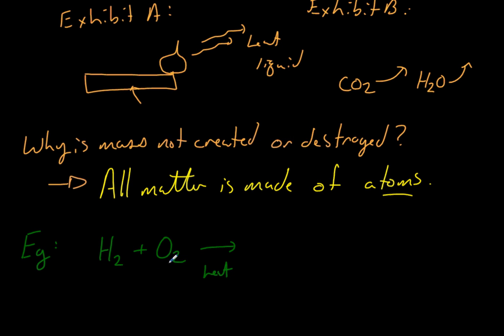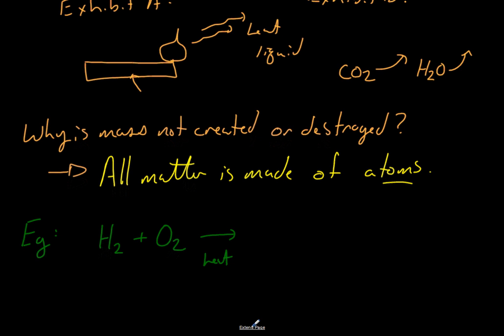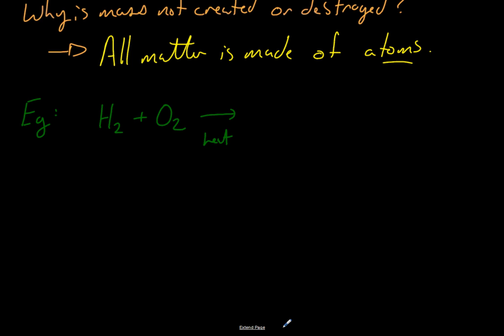What do you suspect the product of a reaction that looks like that would be? Hydrogen and oxygen. What famous chemical has hydrogen and oxygen in it? Yeah, that's right, water.